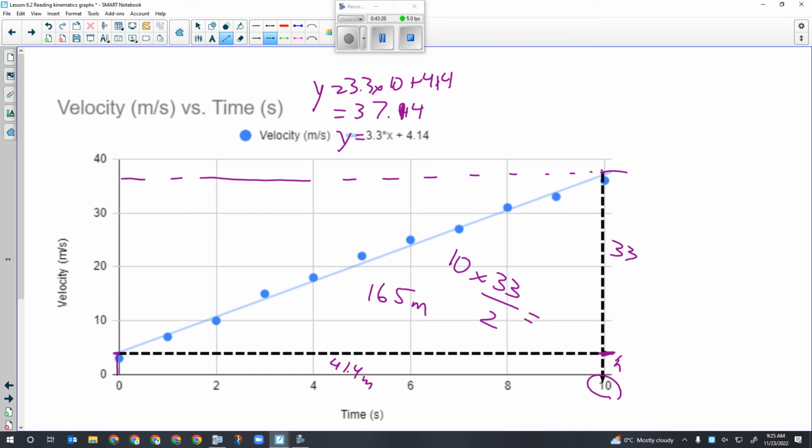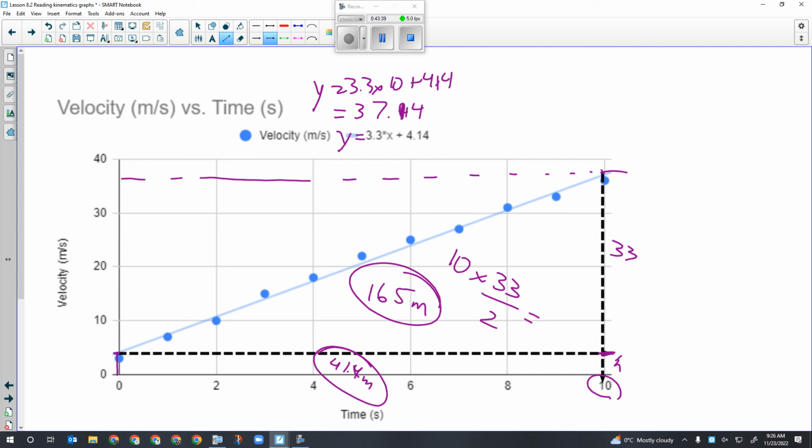So what's my total displacement? What do I do with that number and that number? Add them up. Okay, so it's going to be 206.4.